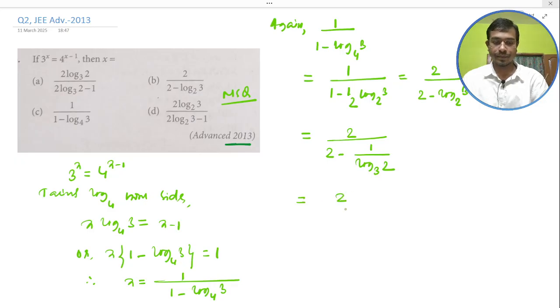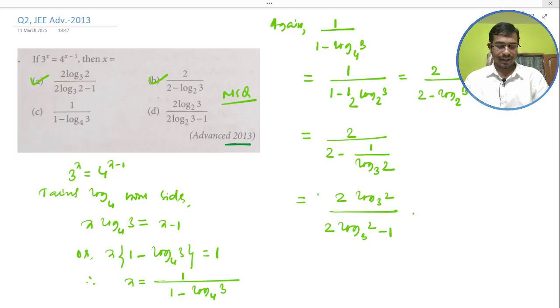This is equal to 2 log 3 to the base 2 divided by 2 log 3 to the base 2 minus 1. So here A, B and C would be correct. Option A is correct. B also is correct, the middle step, and C is also correct, because in the initial step the answer is correct. A, B and C, these are the forms.